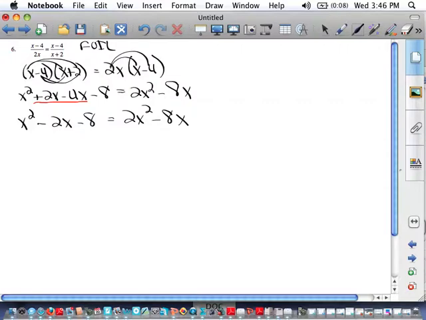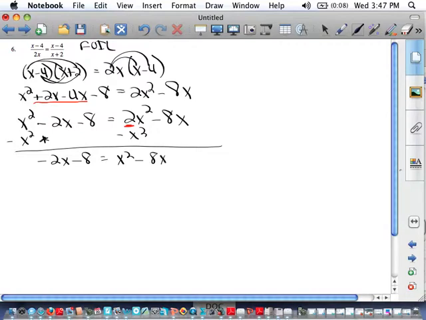I've told you in class it's easier if your leading coefficient is positive. So I'm going to subtract the x squared from both sides. So I get minus 2x minus 8 equals x squared minus 8x. Then I'm going to add the 2x to both sides.